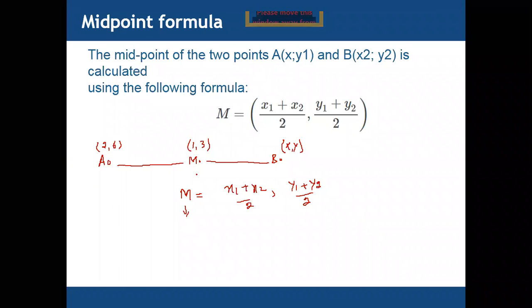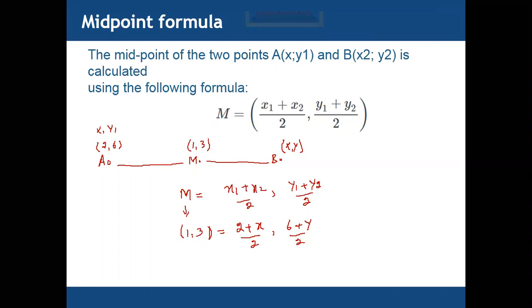Write down the coordinates of the midpoint. Coordinates of the midpoint are 1 and 3. Let's suppose this one is x1 and y1, and these are actually x2 and y2. So replace x1 with 2 plus, we don't know the x2 value, so write down only x for the B point, divided by 2. Y1 is 6 plus y2, we don't know, this is just y, divided by 2.